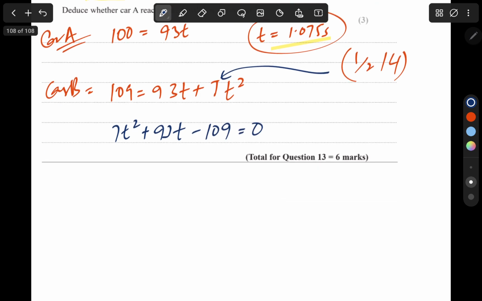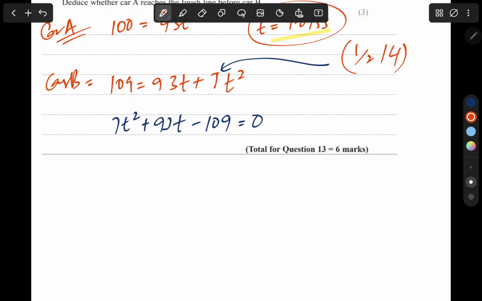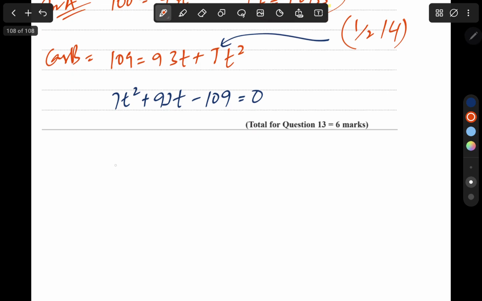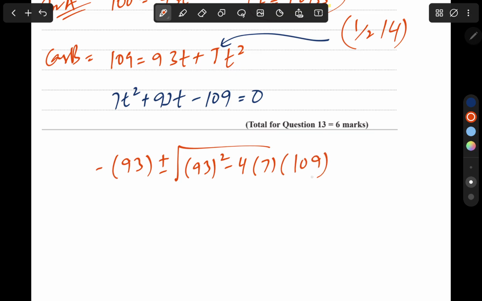Take your quadratic formula and plug it in. Okay, so give me a second, let me just take my calculator. That's minus 93 plus minus square root 93 square minus 4ac, divided by 2a. Now I'm not gonna use my calculator the long way.